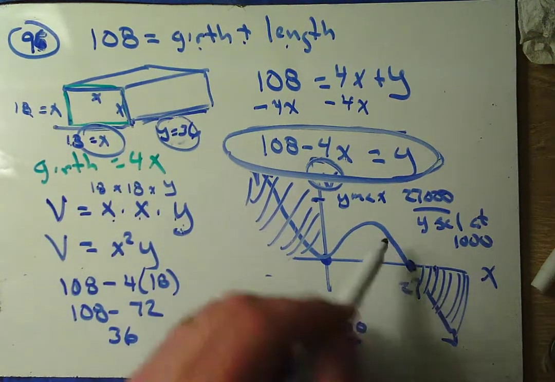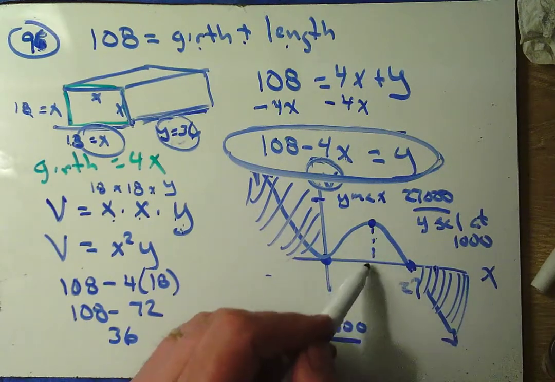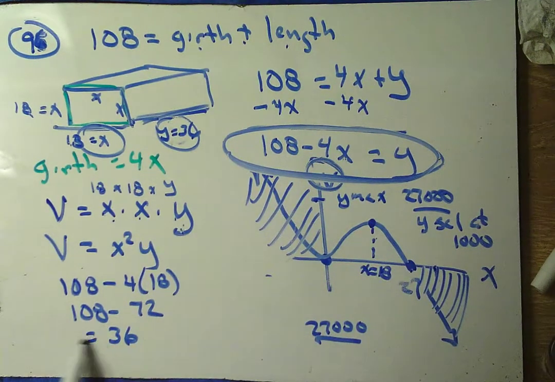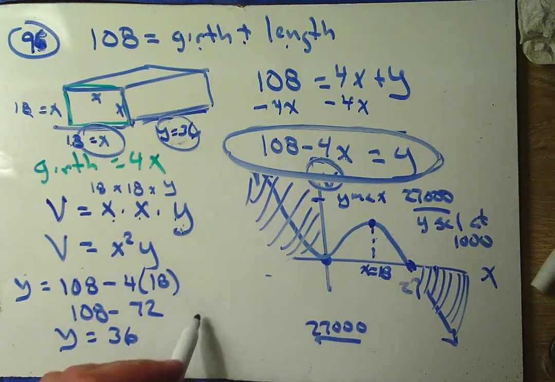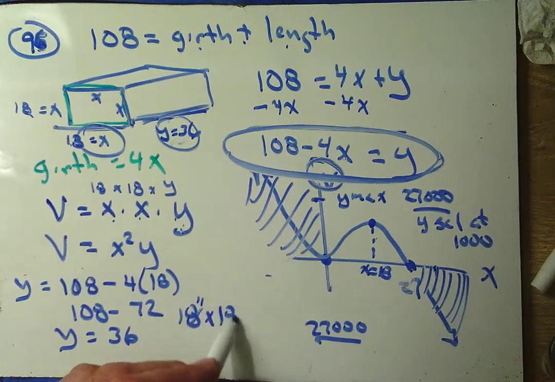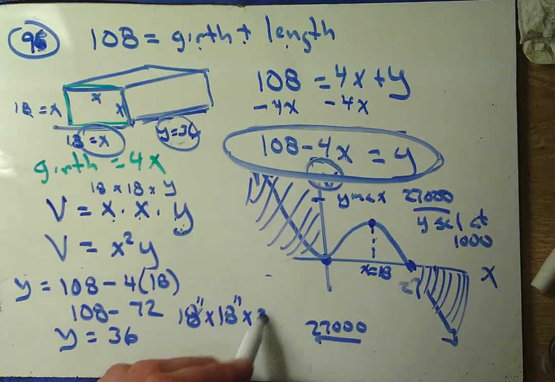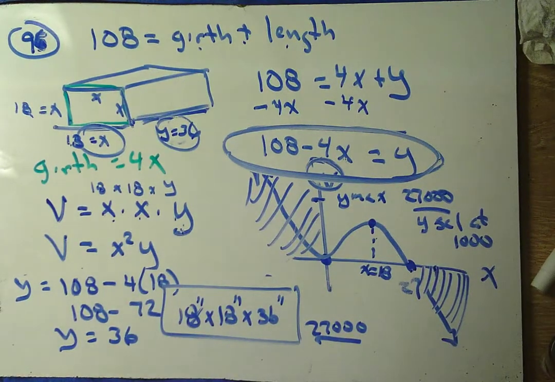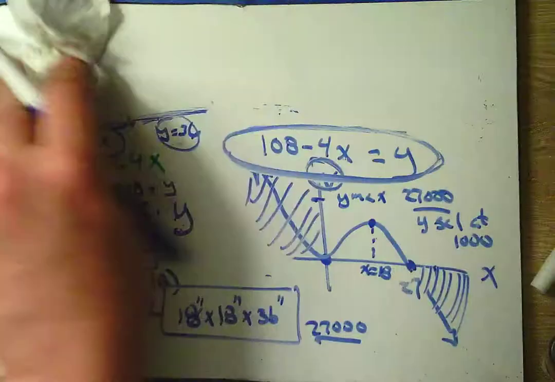The maximum volume occurs when x equals 18 and y equals 36. So the dimensions of this box are 18 inches by 18 inches by 36 inches. Those are the dimensions of the box with the maximum volume. Okay, that was 96. Let's take a look at 98.